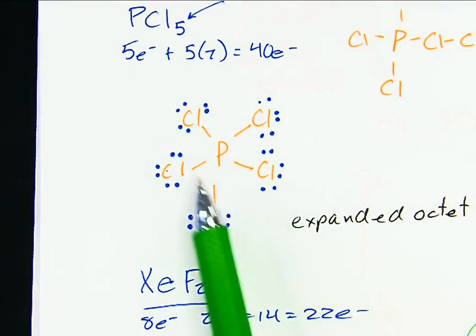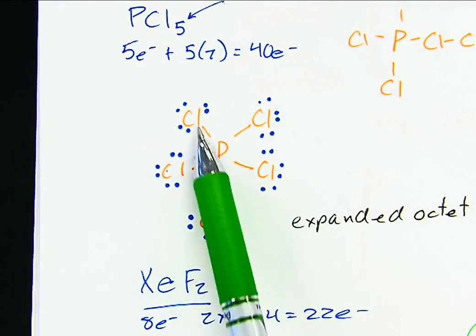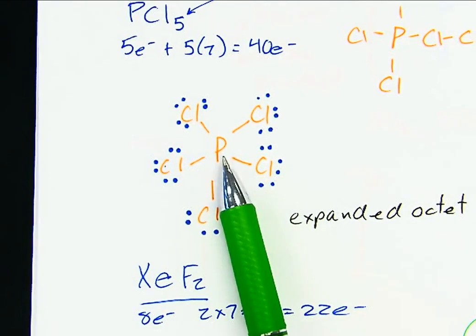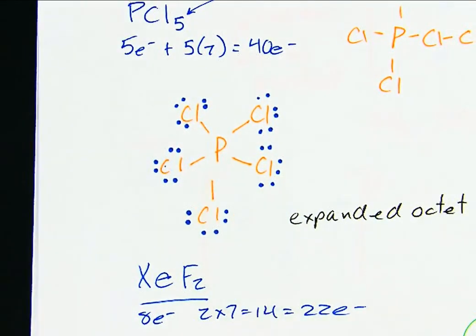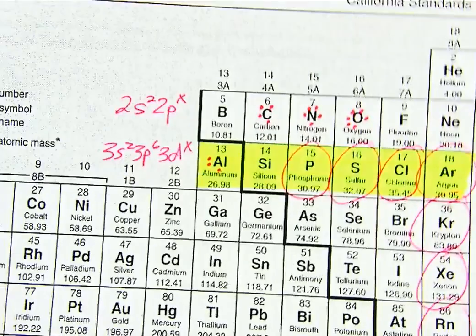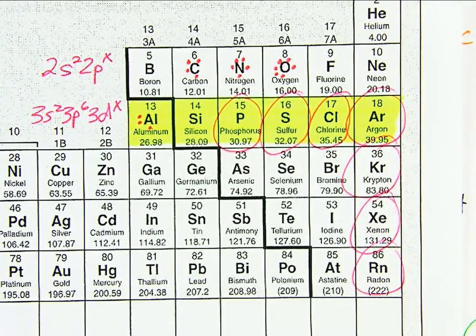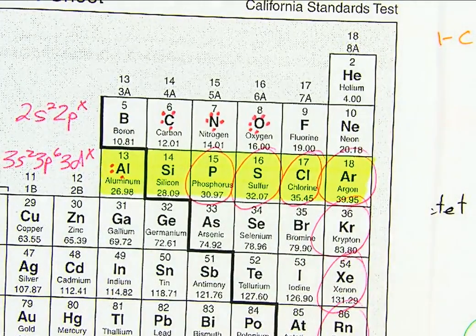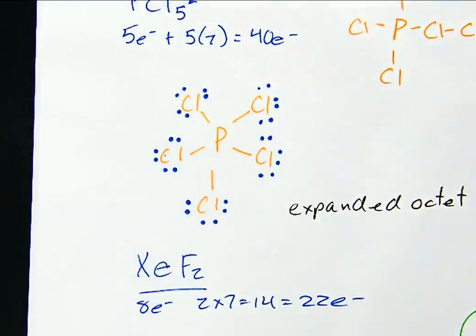And so when we add all of those up, it turns out that we're going to have 5 things around phosphorus. And there's a reason it can do that, and that's because phosphorus has a D group available. So phosphorus actually has this place where we could put more electrons. That's not true with that row 2. Okay?